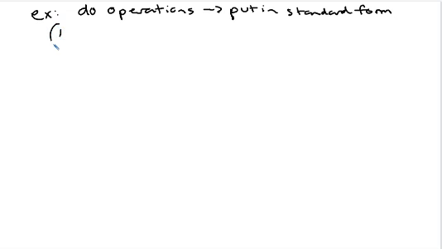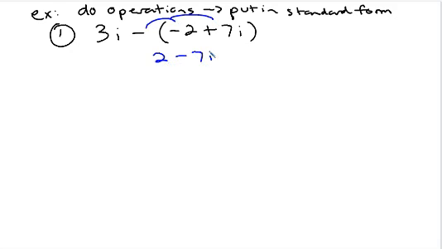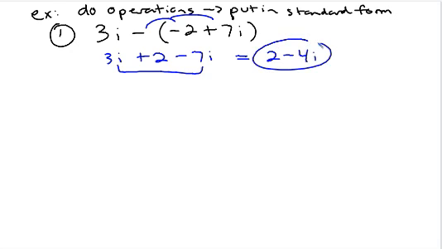So they could give you something like this. It's very easy. 3i minus negative 2 plus 7i, something like that. So it's really just like basic algebra, combining like terms. Distribute my negative through, and I have positive 2 minus 7i here. Then I have this 3i, combine my like terms, and I've got that this is 2 minus 4i.